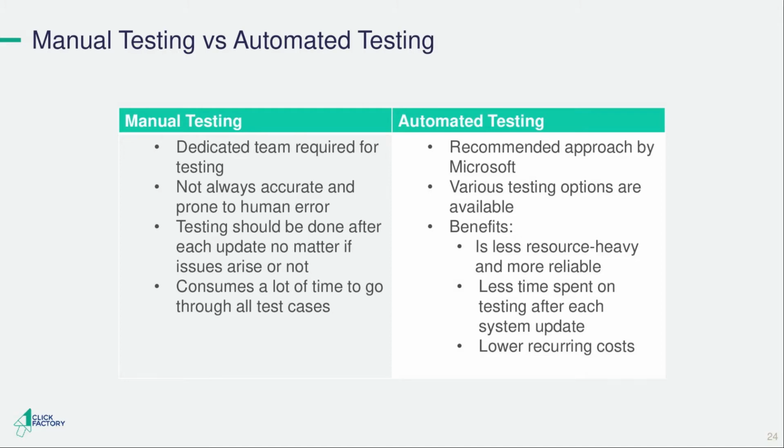Another challenge with manual testing is that testing should be done after each update, no matter whether there are issues or not, because you want to prevent issues, so you have to do testing over and over again. And by the nature of manual testing, it usually consumes a lot of time to go through all of these test cases.